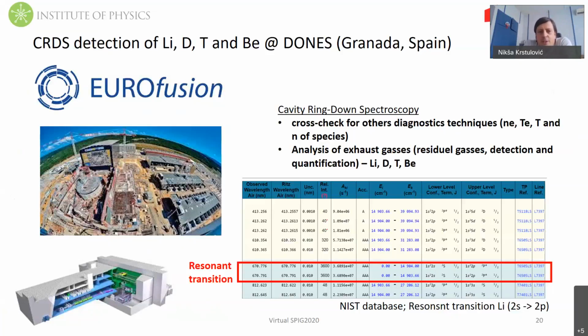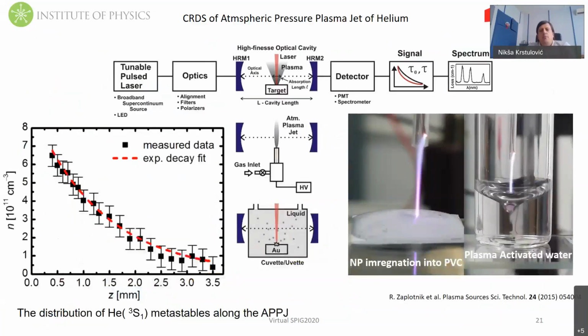a source of green energy. So we want to use cavity ring-down spectroscopy for analysis of exhaust gases, and also as a technique for cross-checking other diagnostic techniques of the plasma and of the leakage from the plasma into the exhausting systems. We also applied cavity ring-down spectroscopy to study plasma jets.